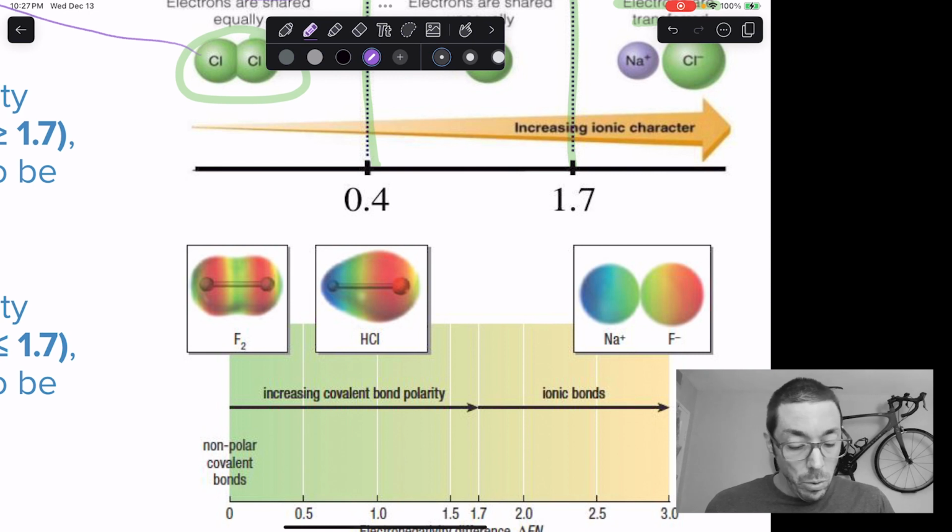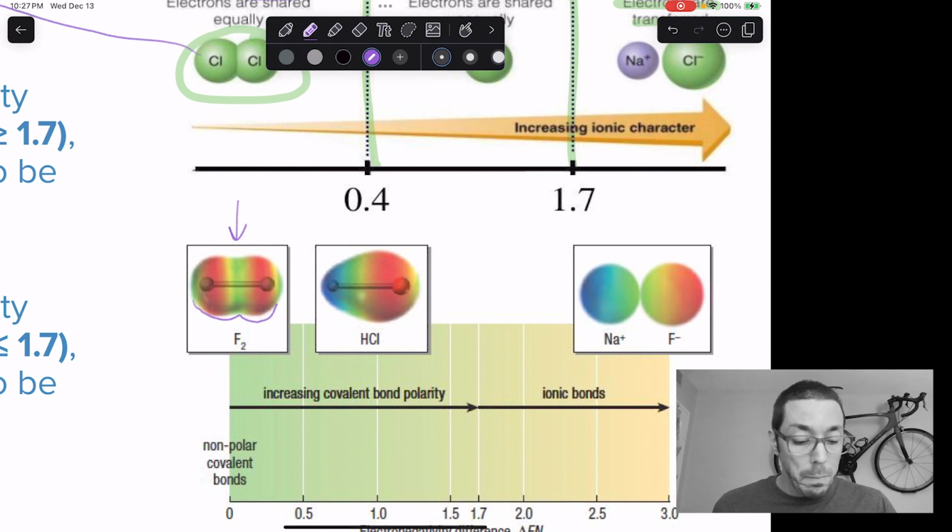So the more blue, the more positive you are, and the orange or red shows more negative. So you can see this F2 is perfectly symmetrical. There is no side that's more blue and one side that's more red. The colors are perfectly spread out and symmetrical there. So it's a nonpolar covalent bond.